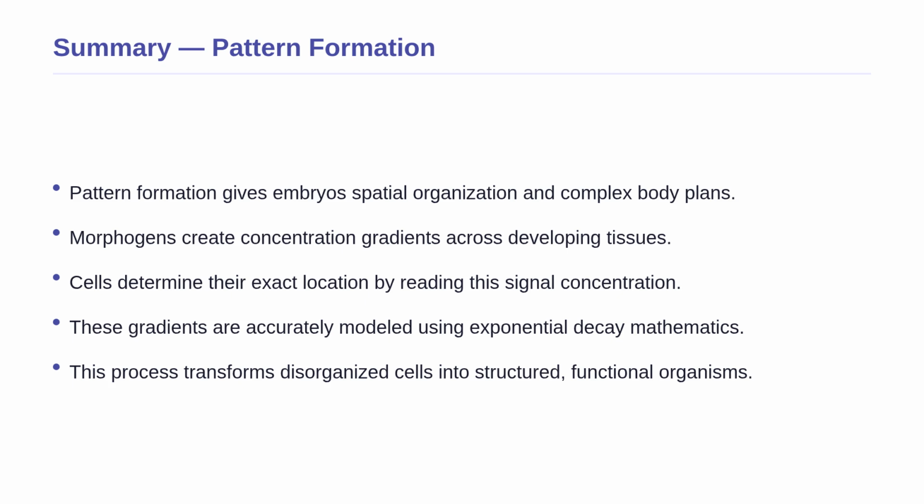By reading these chemical signals, cells can determine their exact physical location and activate the correct genes. We also saw how this elegant system can be modeled mathematically using exponential decay. Ultimately, this incredible process is what allows a simple cluster of identical cells to reliably transform into a highly structured, fully functional organism.